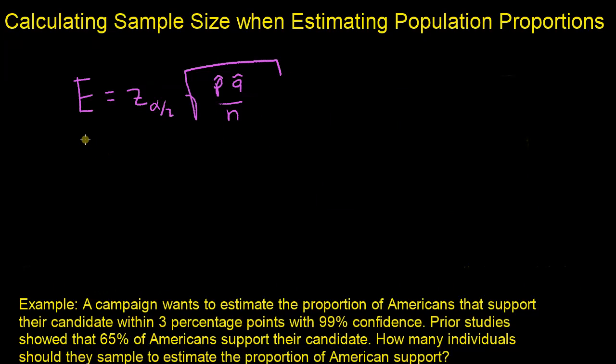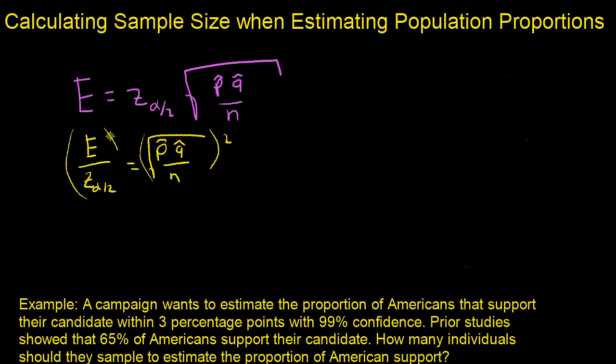For example, the first thing you would do is divide both sides by the critical value. And then square both sides, so that square root goes away. So then you have e squared over z alpha divided by 2 squared. Go ahead and divide both sides by p hat and q hat, so that equals 1 over n.